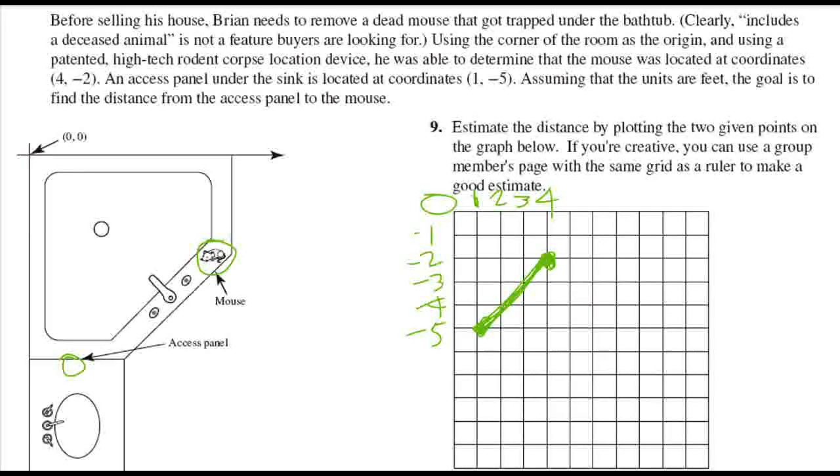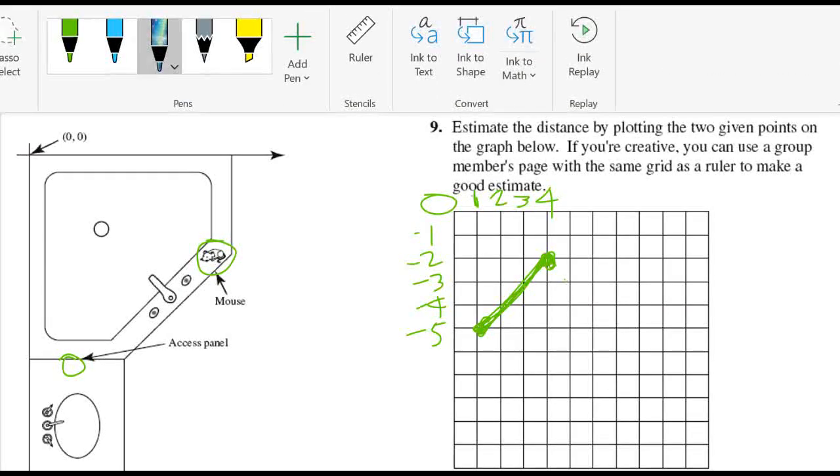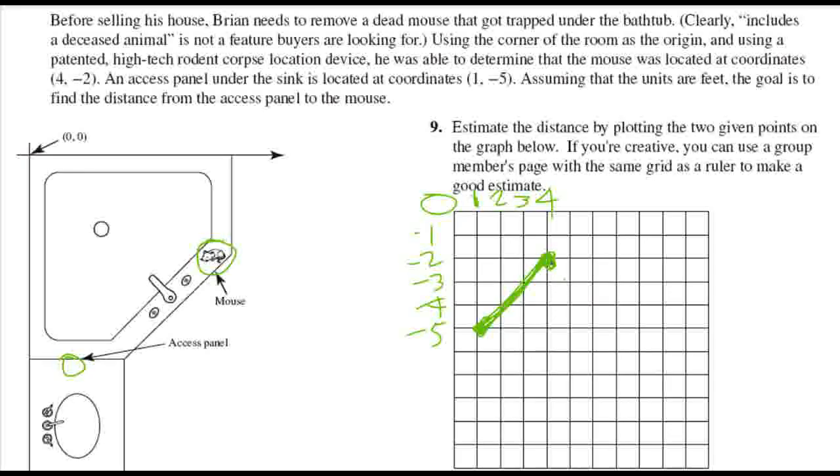And it's telling us make an estimate. I'm going to imagine that I'm swinging this down. I don't want to give it away again by doing the Pythagorean theorem. But if I swing this down, if I just make a circle, I'm going to end up at 1, 2, 3, 4, about 4.5.